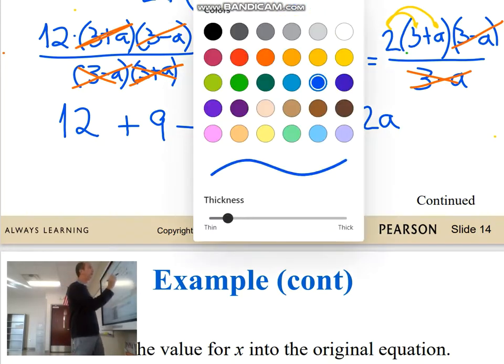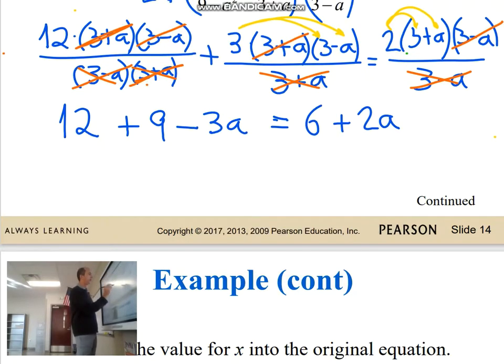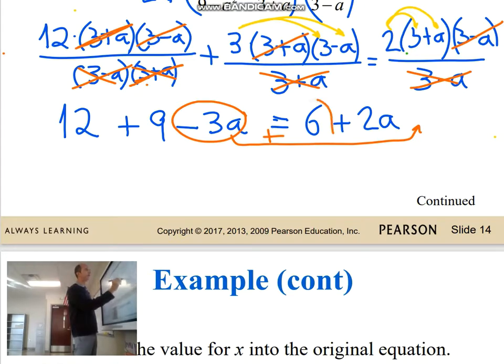We will apply the addition property by moving this to the other side, and when we move it, we change its sign: a negative becomes a positive, and we can move this number to the left hand side, where it becomes a negative.